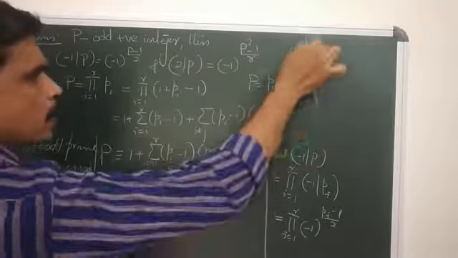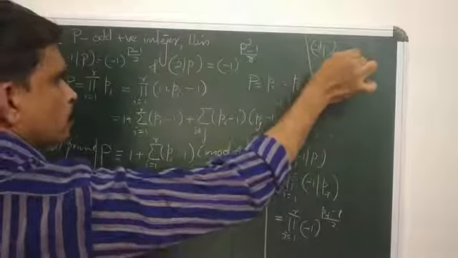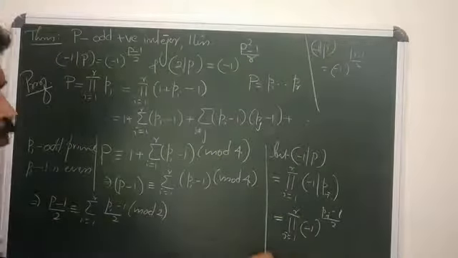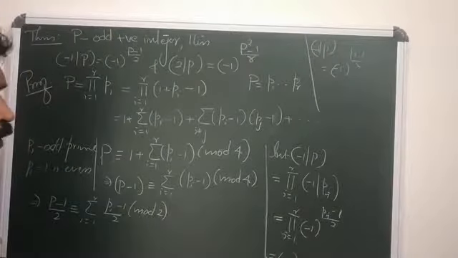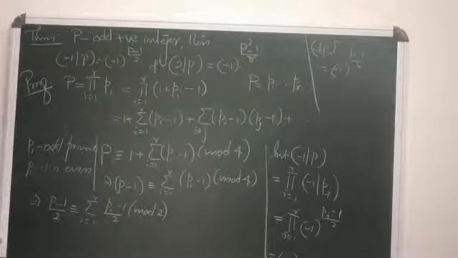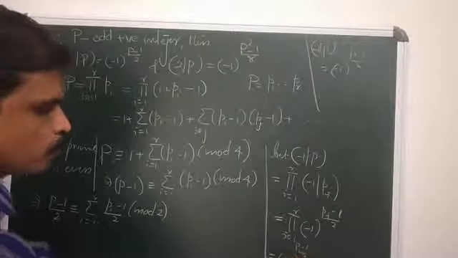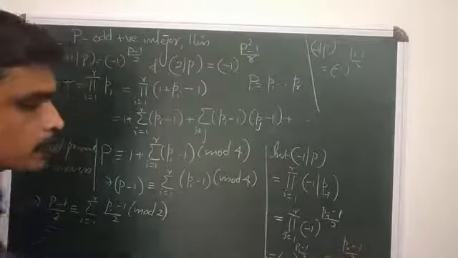We know that (minus 1 by p), when p is an odd prime, equals minus 1 to the power (p minus 1)/2. So the product i ranges from 1 to r of minus 1 to the power (p_i minus 1)/2 is nothing but minus 1 to the power (p_1 minus 1)/2 into etc. into minus 1 to the power (p_r minus 1)/2.